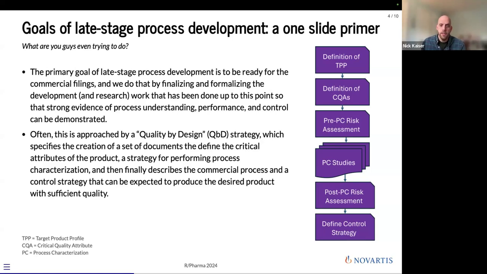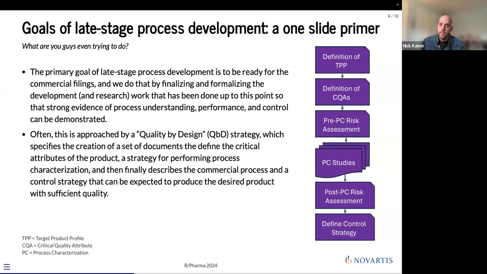An approach that's often used is called quality by design, which kind of recommends the creation of a number of documents that describe the critical attributes of a product and help you define the control strategy for that product or process. And so you can see kind of an outline of that on the right.